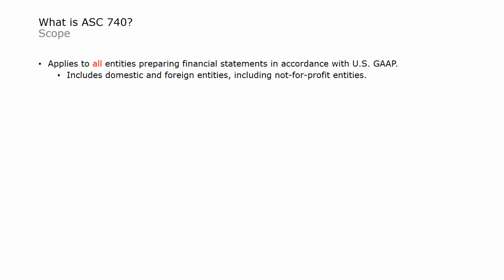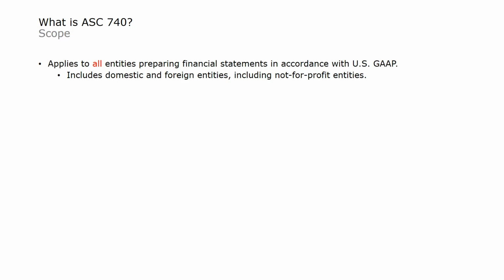I have all highlighted in red there because ASC 740 does apply to all entities. If there is a financial statement prepared and issued under US GAAP, Accounting Standards Codification Topic 740 applies to those financial statements. There may not be any calculations necessary, depending on what kind of structure the entity is. However, the rules of ASC 740 do apply.